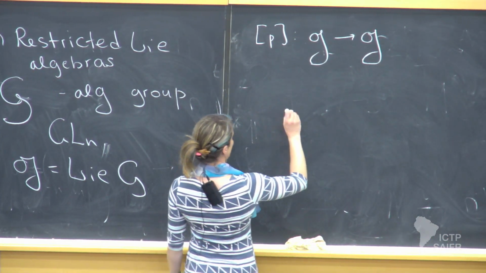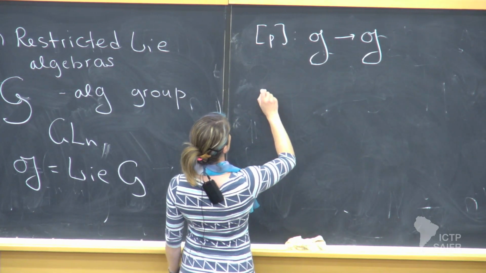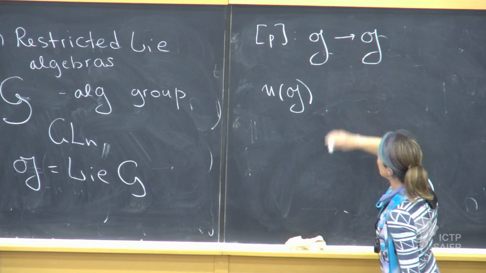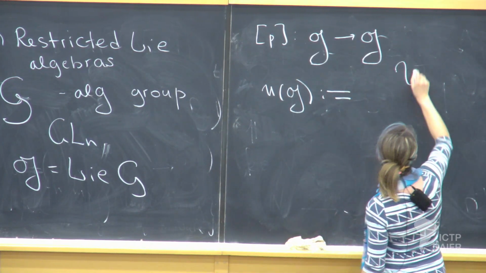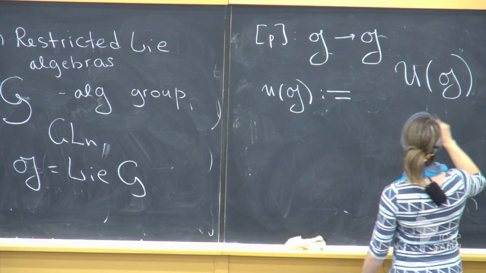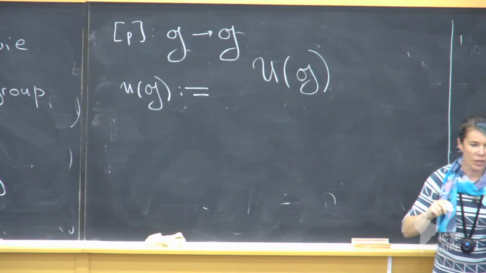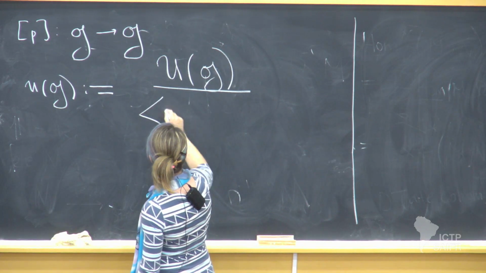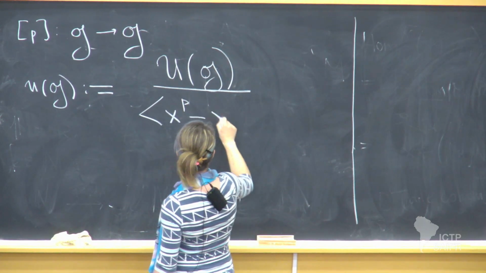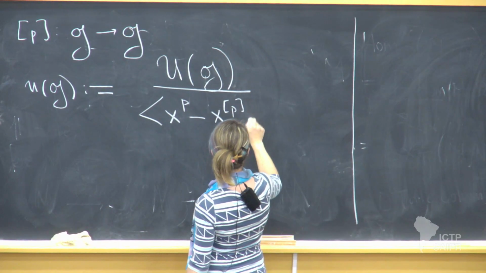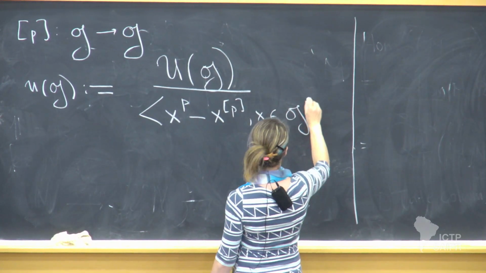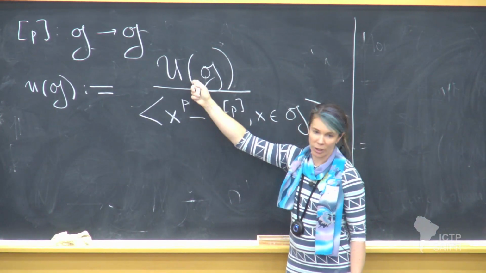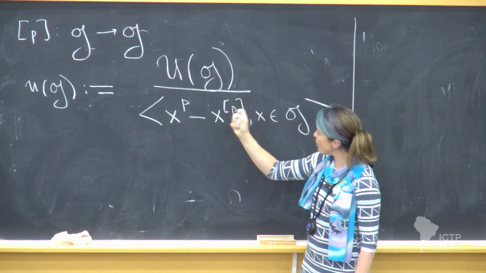Because you have this internal operation, you have a finite dimensional Hopf algebra, and this is the sibling of U_q, associated to g, which is, well, we take the universal enveloping algebra. That's a Hopf algebra. It's primitively generated. It's cocommutative, but it's big. And we factor out the ideal generated by this funny thing, where x^p is the p-th power, the tensor p-th power, but this guy is back in g.